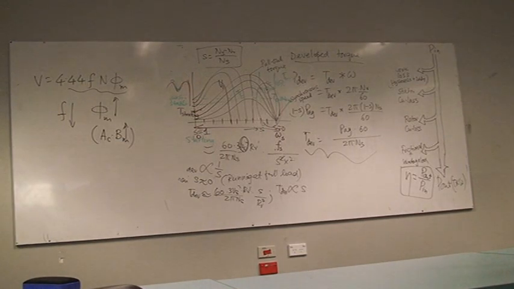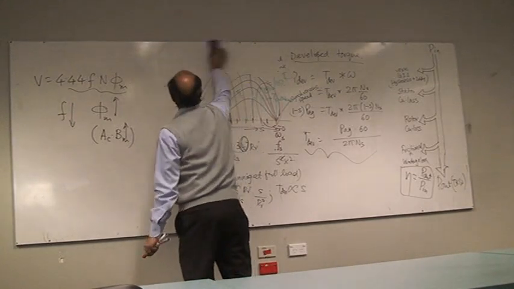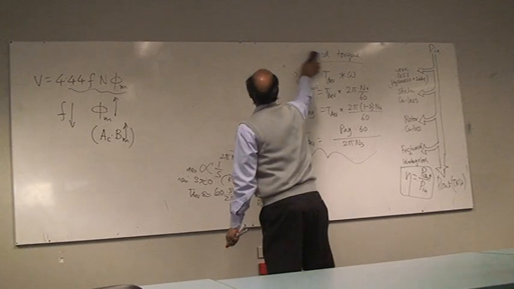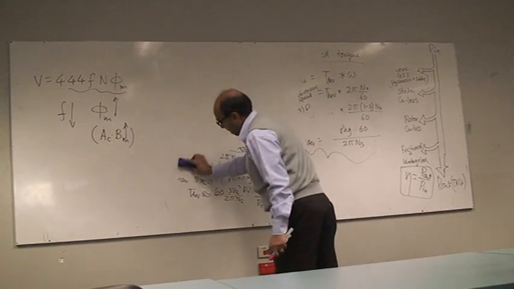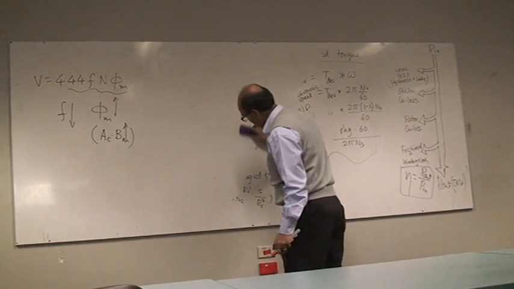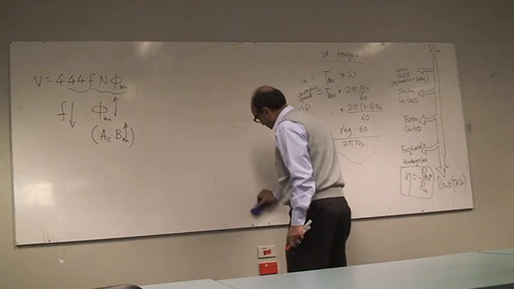So what is the meaning of Bm increasing? The induced magnetic field is changing when you change frequency, right? So the rotation of the field is changing, and the induced magnetic field has to change as well.